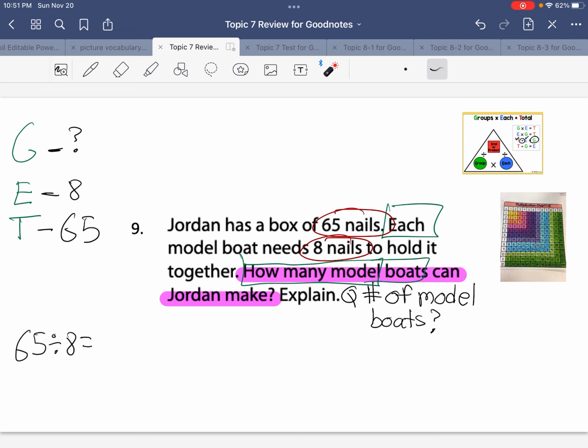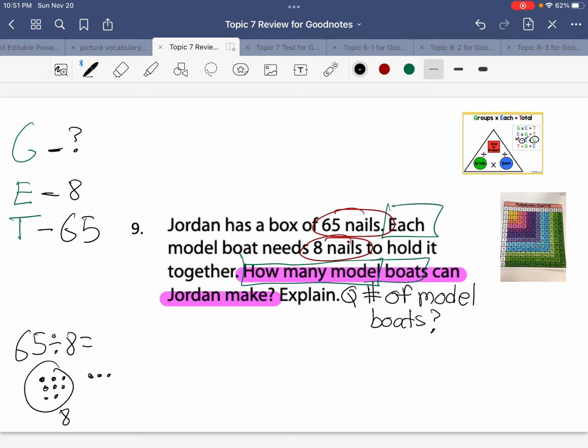Okay. So I know one boat holds 8 nails. So I'm going to draw 8 dots. 1, 2, 3, 4, 5, 6, 7, 8. I'm doing this until I get to 65.